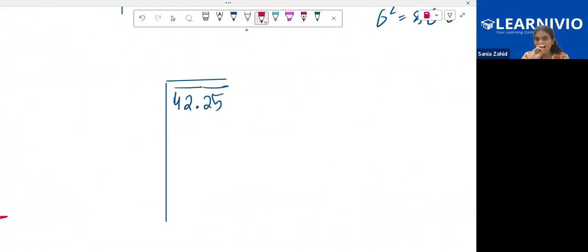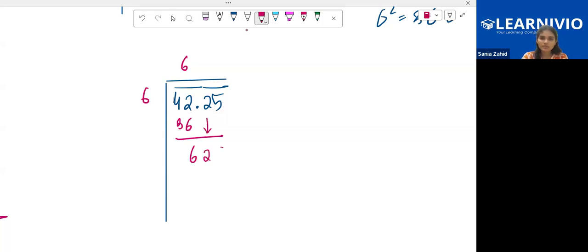The perfect square below 42 is 36. 6 sixes are 36. Then on subtracting, we get 6. You get 6.